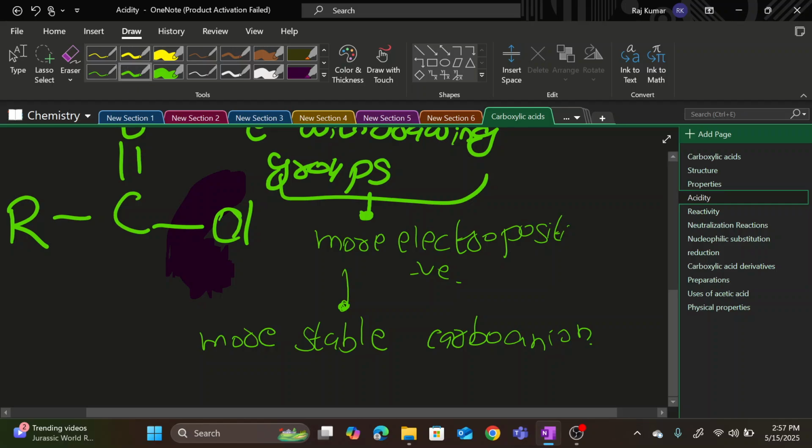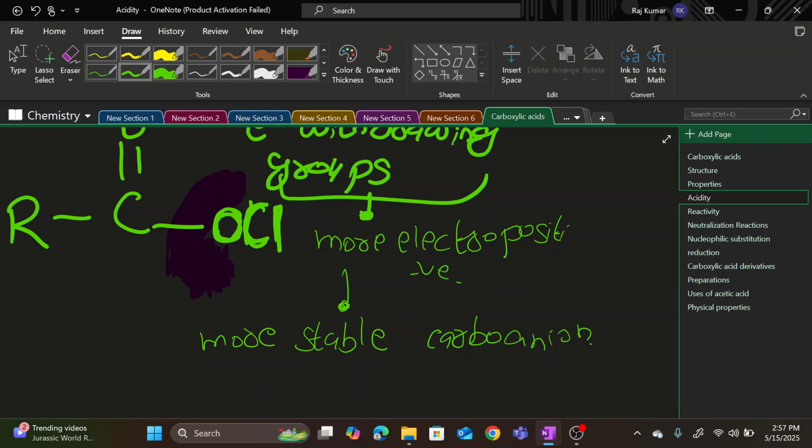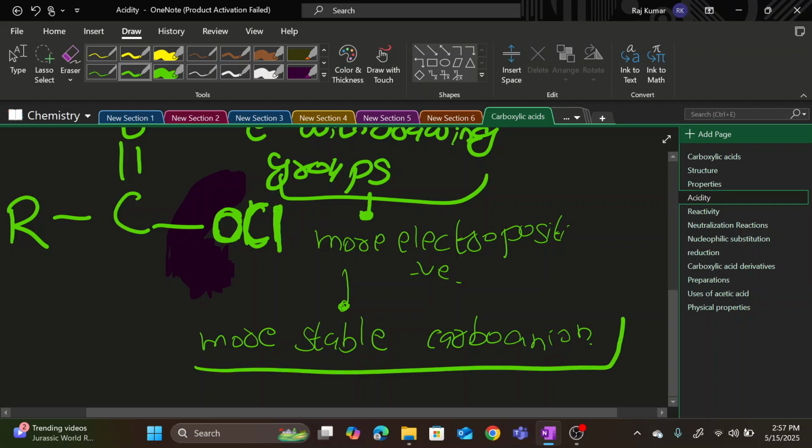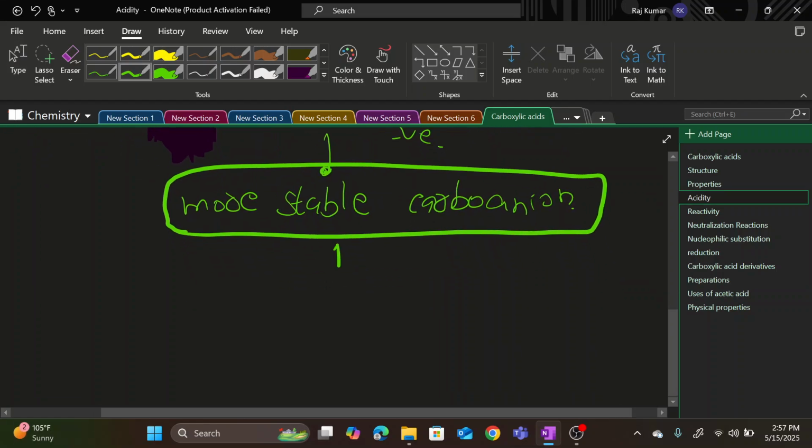One more important thing I forgot to mention: this is the actual structure, it's OCl, not the Cl only. Cl will pull away the electron cloud of oxygen, decreasing the electron density around oxygen, due to which it will form a more stable carbanion. Whenever I take away electron density with chlorine, I form a more stable carbanion.